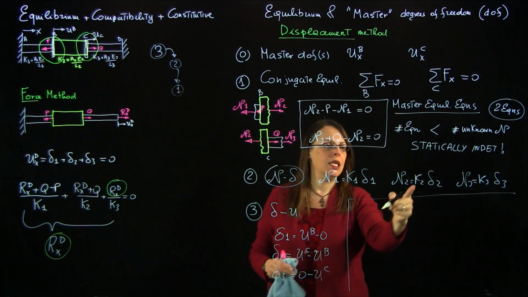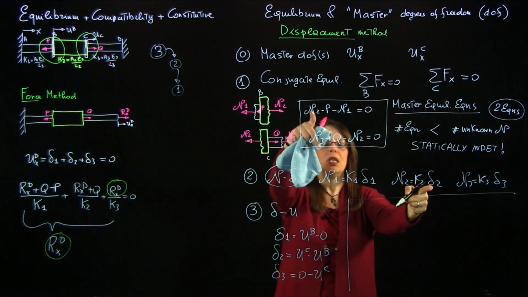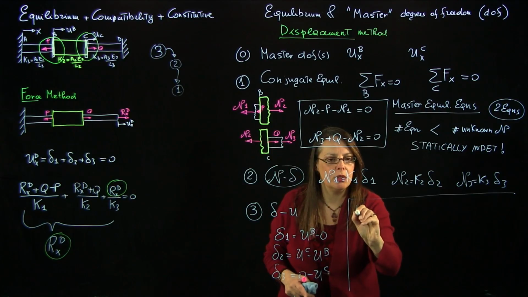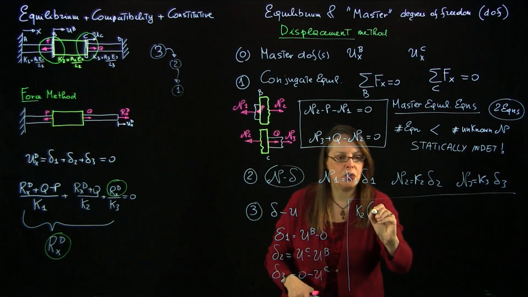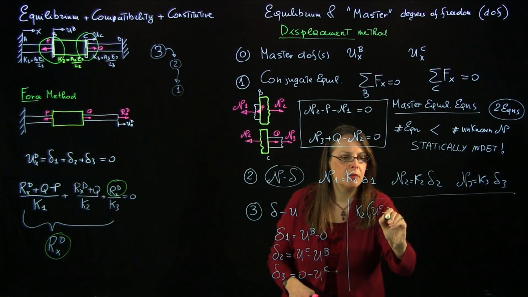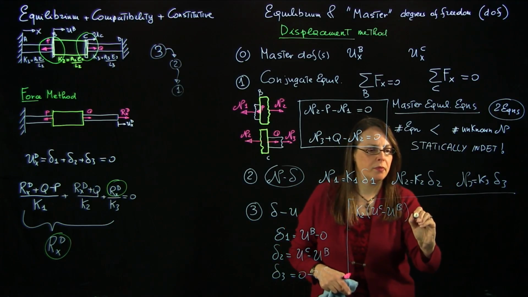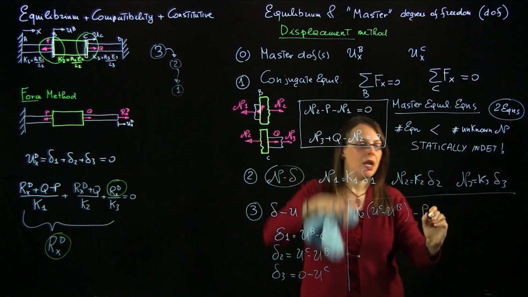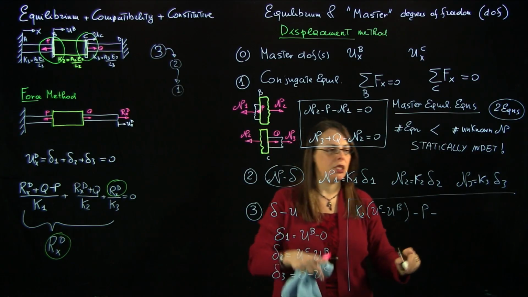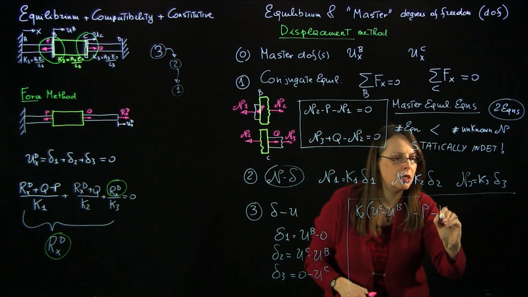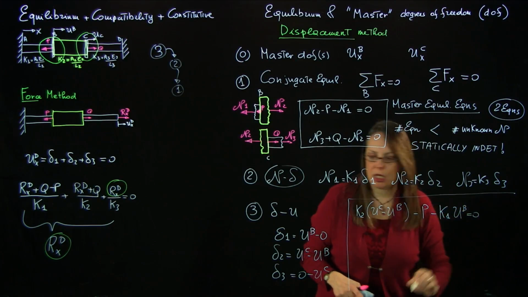So N2 is K2 delta 2. Delta 2 is UC minus UB. So instead of N2, I write K2 that multiplies delta 2, which is UC minus UB, minus P minus N1. N1 is K1 delta 1. Delta 1 is UB. So minus K1 UB equal to 0.